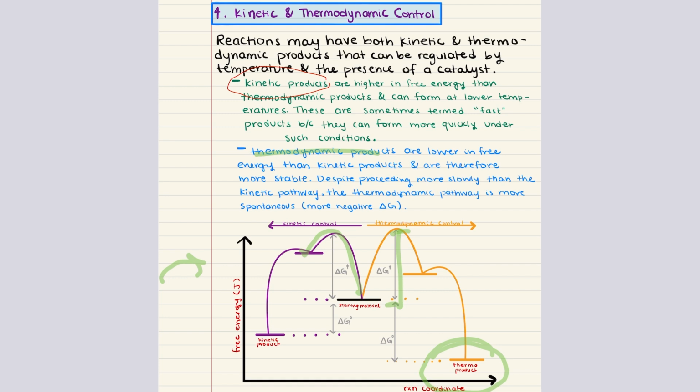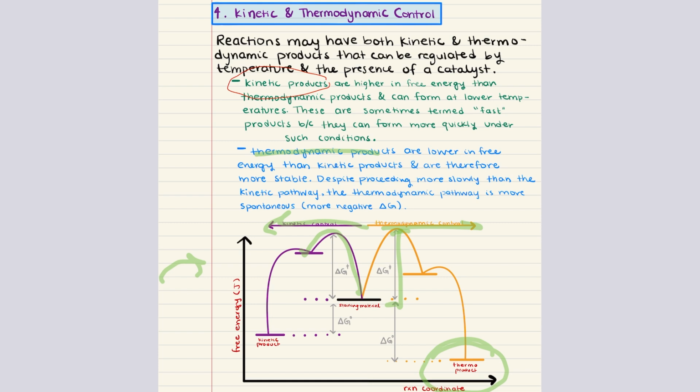In terms of the kinetic pathway versus a thermodynamic pathway, the kinetic pathway is often associated with the lower activation energy peak on the diagram, leading to the formation of the kinetic product. Again, this is because the kinetic product forms faster due to the lower energy barrier that needs to be overcome.